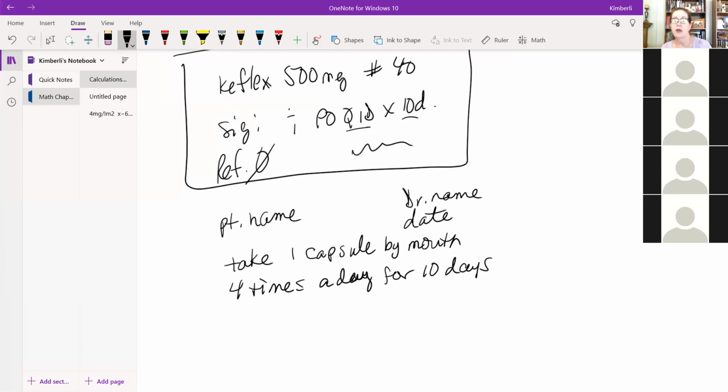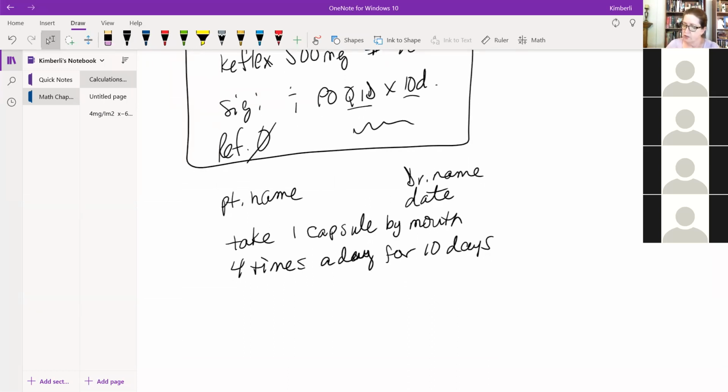My writing is very bad. Okay. So we're going to write that on the bottle that we give the patient, not the prescription, but on the dispensing bottle.